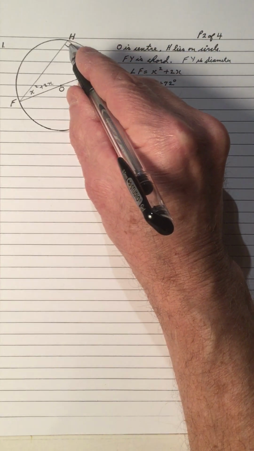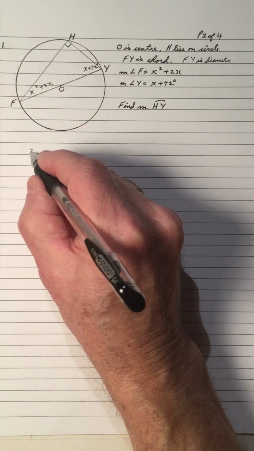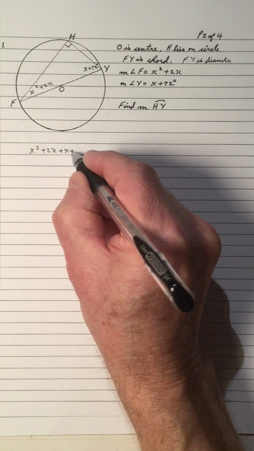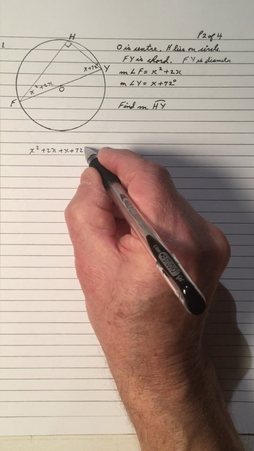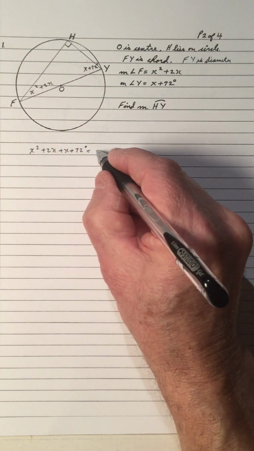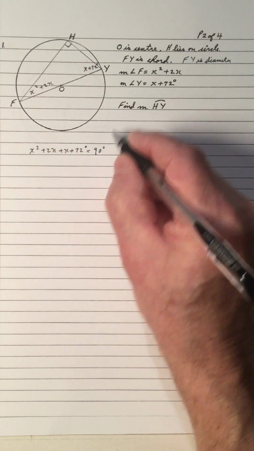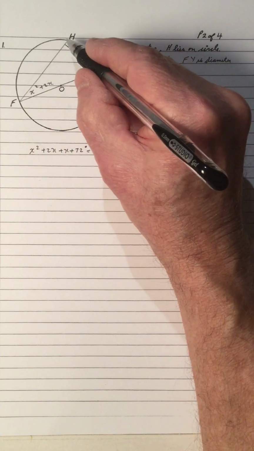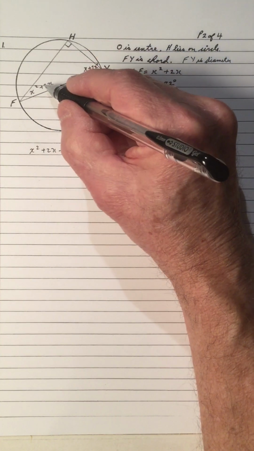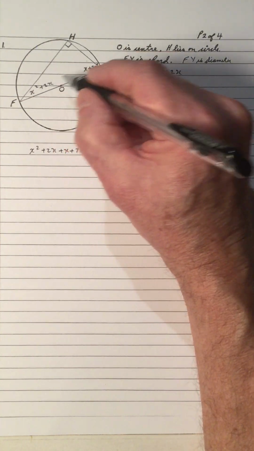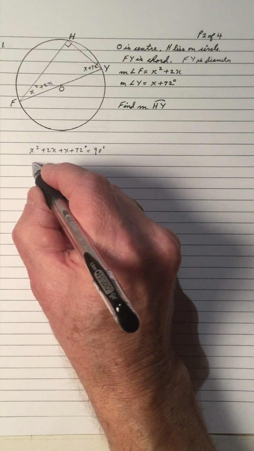Since this angle is 90, x squared plus 2x added to x plus 72 equals 90 degrees. All angles add up to 180 degrees in a triangle, but because this one is 90, these two have a sum of 90. These two are complementary. So let's solve this equation.